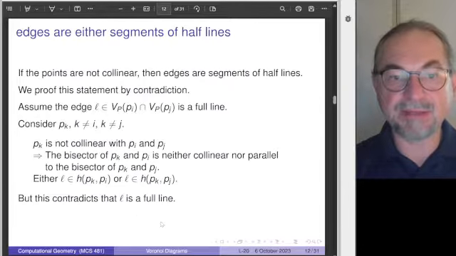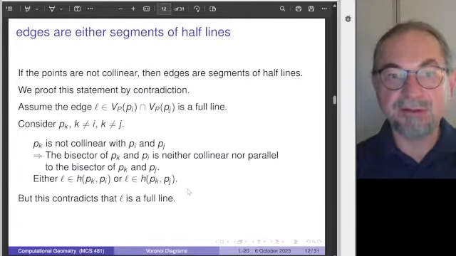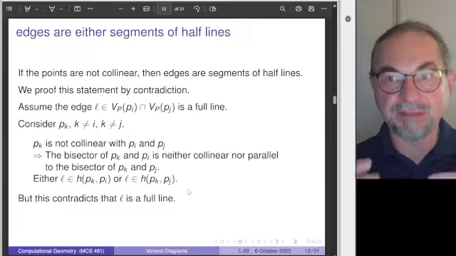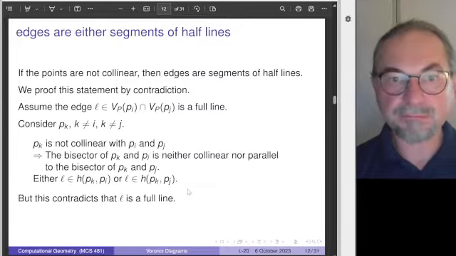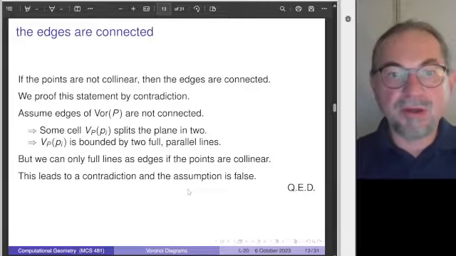So either L has to lie in these half planes, and this cannot happen if the bisector is a full line. Okay, that's that.